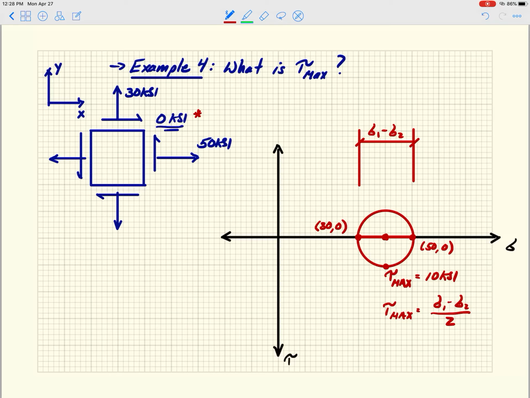Right? Okay, so now instead of drawing the orientation of the stress cube in the principal direction, why don't we try to rotate this thing and draw it as a maximum shear stress, right?